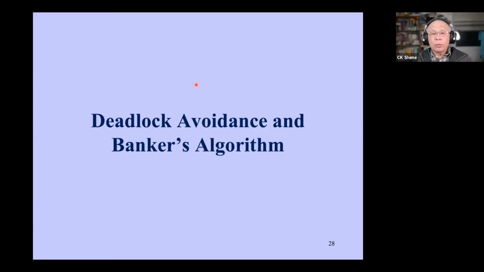So the algorithm we're going to talk about for deadlock avoidance is the so-called Banker's algorithm. This algorithm was proposed by Dijkstra again. Dijkstra is a very commonly seen name in operating system design and concurrency. The Banker's algorithm was used in Dijkstra's THE operating system.